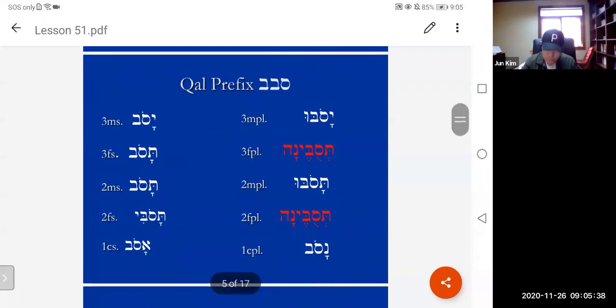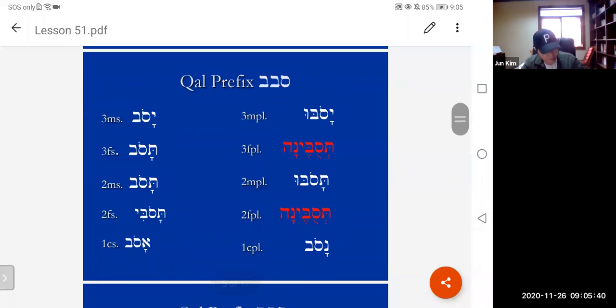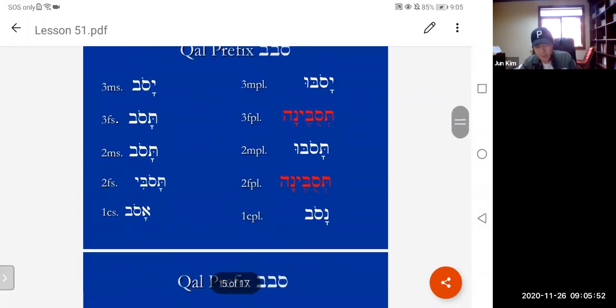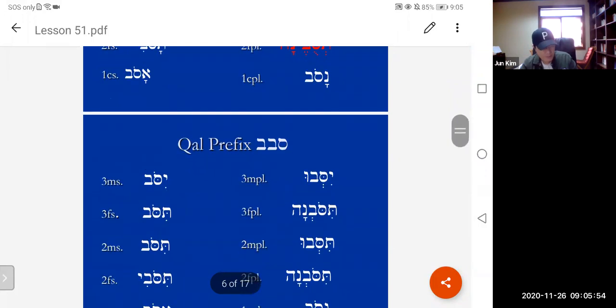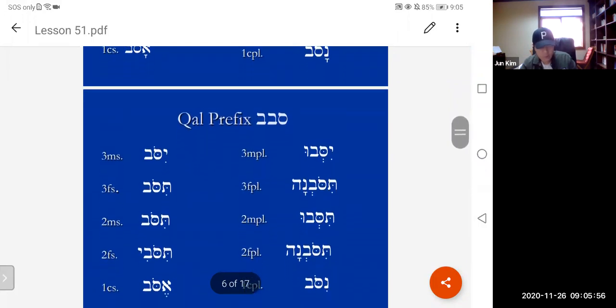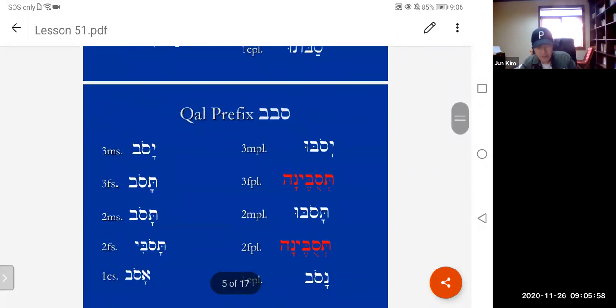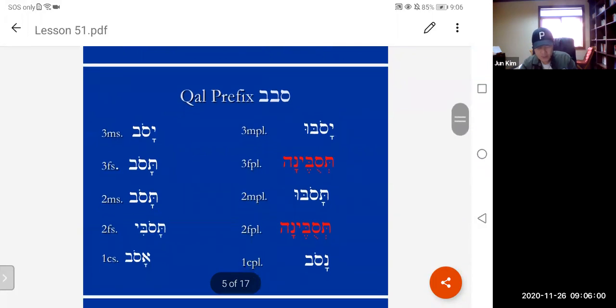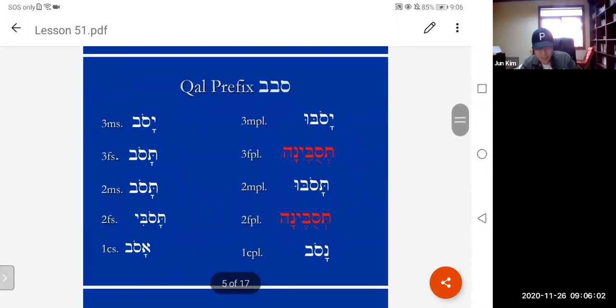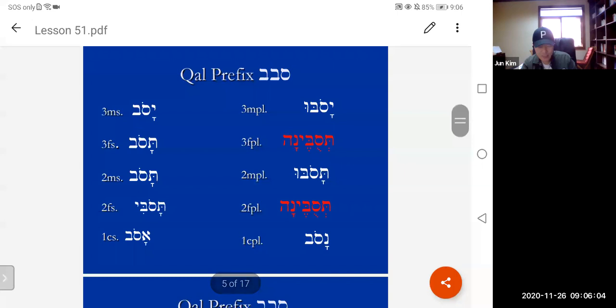Okay, now here, as you can see, this follows the general pattern for the prefix form. If you have your verb chart, then it takes it. Now I can see that, without having any specific reason, it has its own unique pattern. So it's not only prefix sabab; the stem can take this yashov.